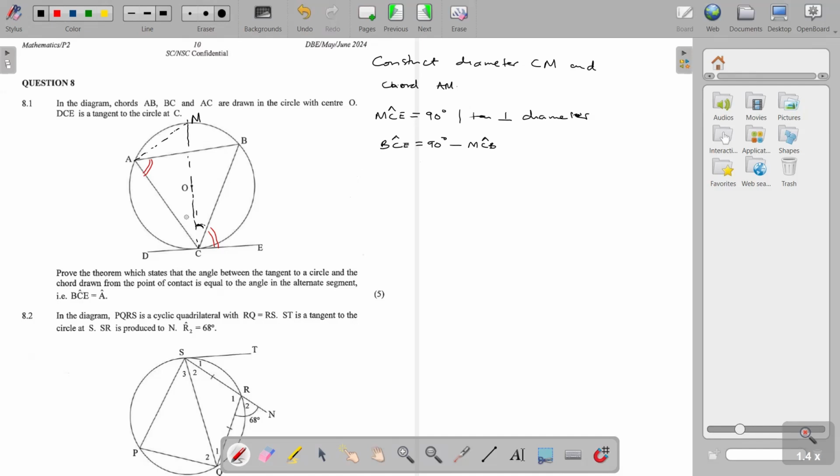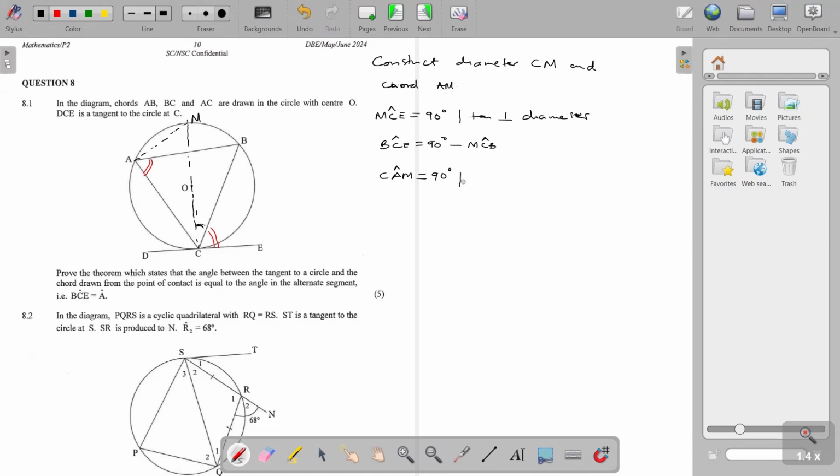Then we go to triangle CAM. We can conclude that angle CAM is equal to 90 degrees. Why are we saying CAM is equal to 90 degrees?